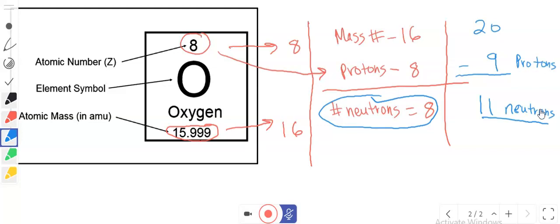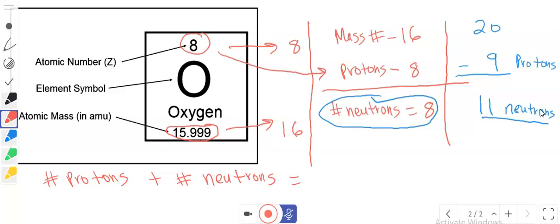So just a quick recap. To find the mass number, it's just the number of protons plus the number of neutrons. When you add them together, that gives us the mass number. Sometimes it doesn't say mass number, but you will see atomic mass.